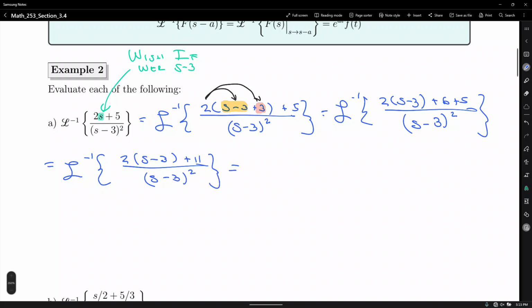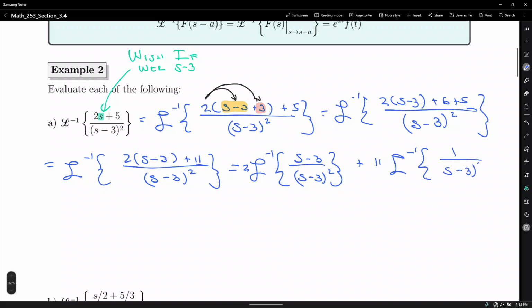So in this case, I'm going to use the split up trick here. I'm going to split the fraction. Well, it's really not a trick; it's algebra. So I'm going to take the 2 and multiply with the inverse transform of (s minus 3) over (s minus 3) squared, plus 11 times the inverse transform of 1 over (s minus 3) quantity squared.